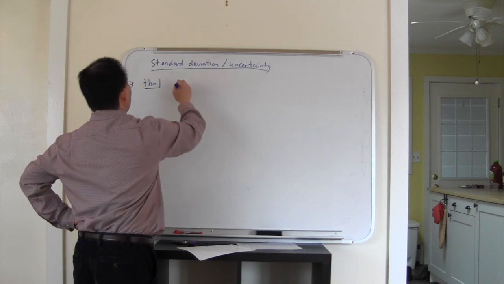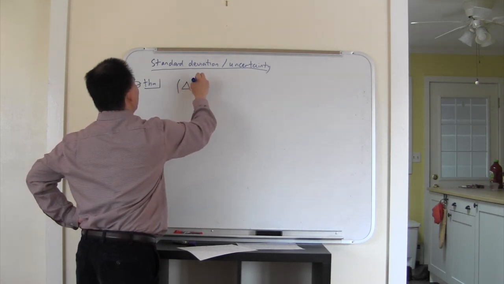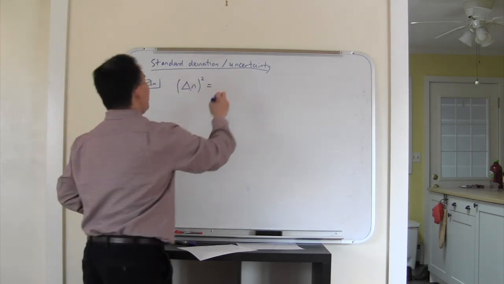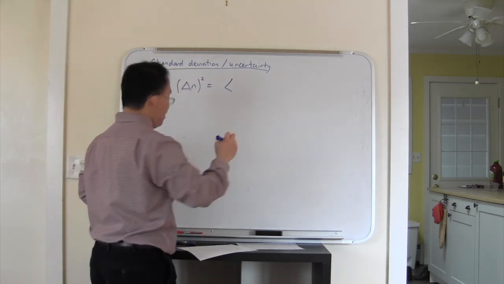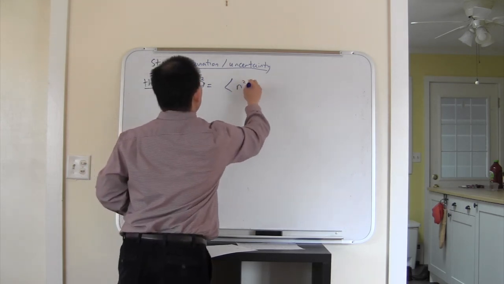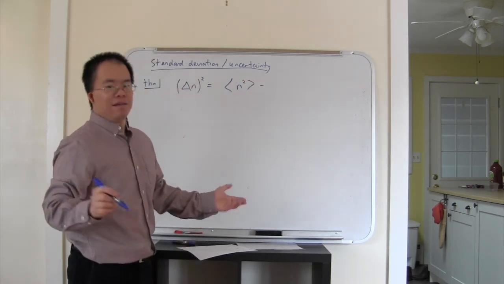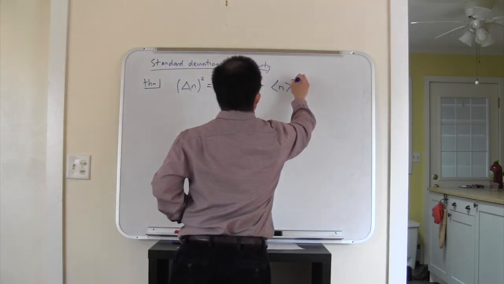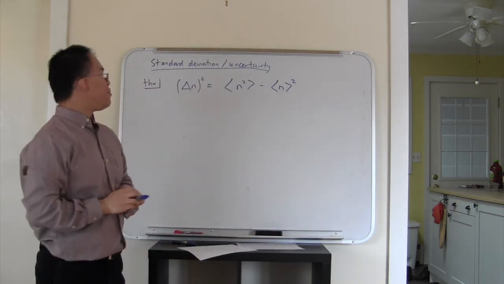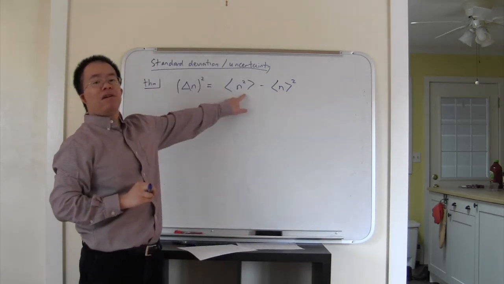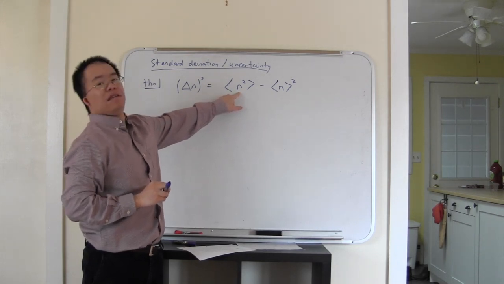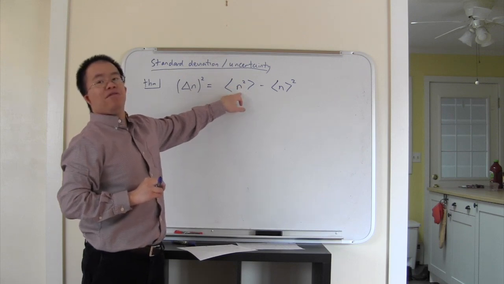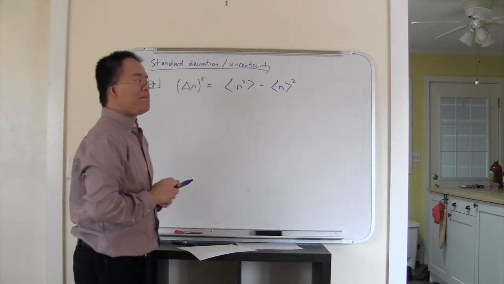Namely, the theorem says that the variance, so delta n squared, is going to be given by the average value of n squared minus the square of the average value of n. So this is often how we're going to go and calculate standard deviation, since we can usually calculate without too much trouble the average values of n squared and n.